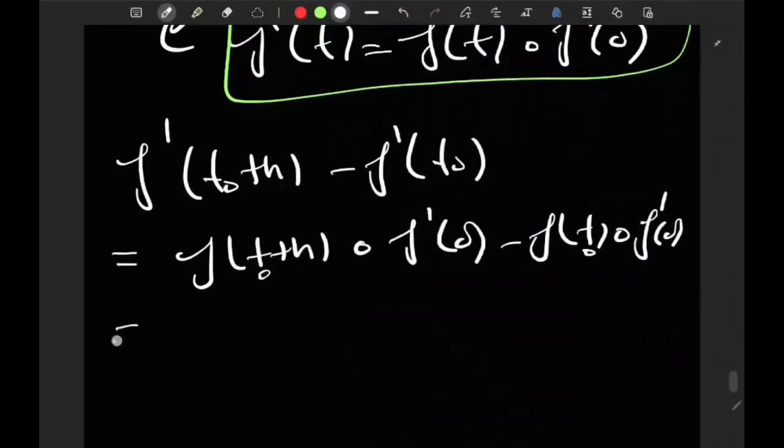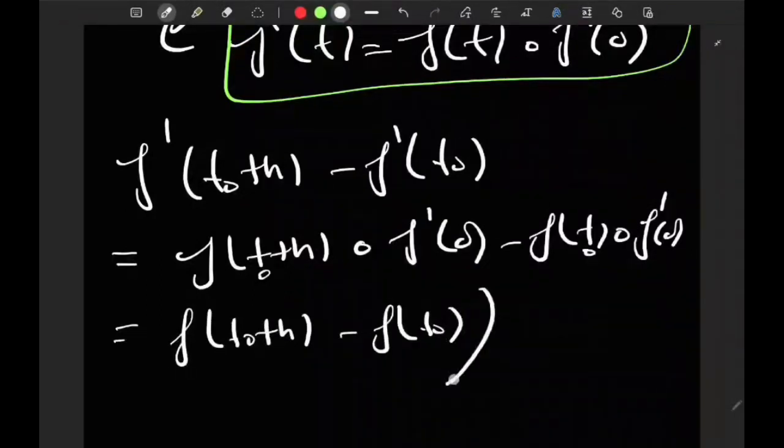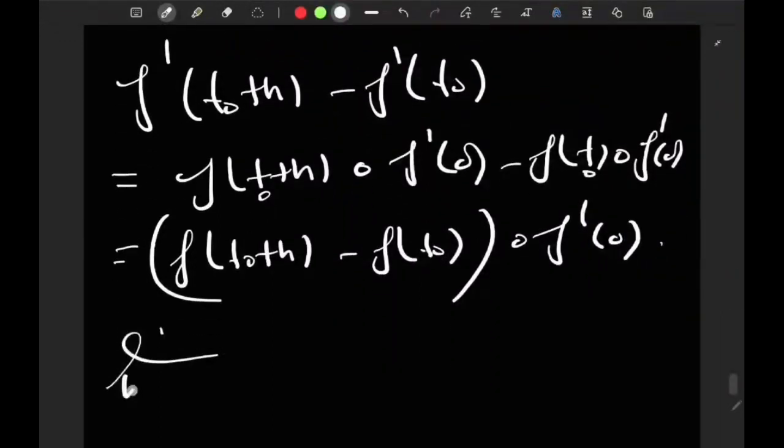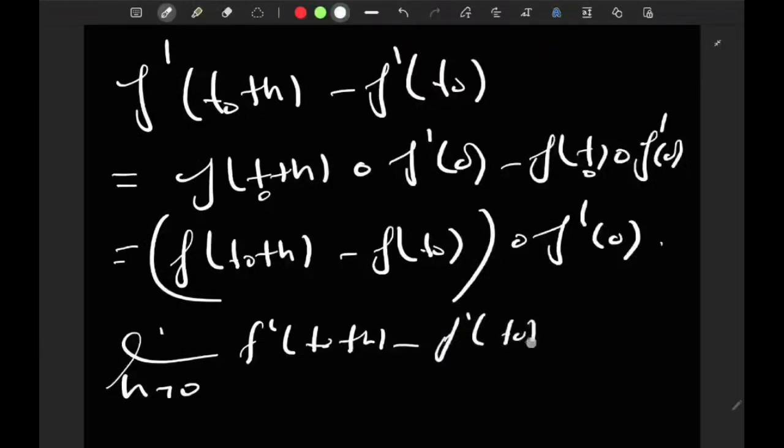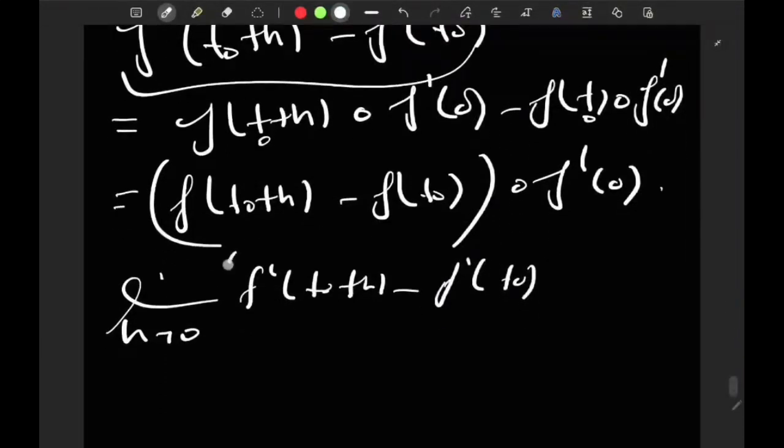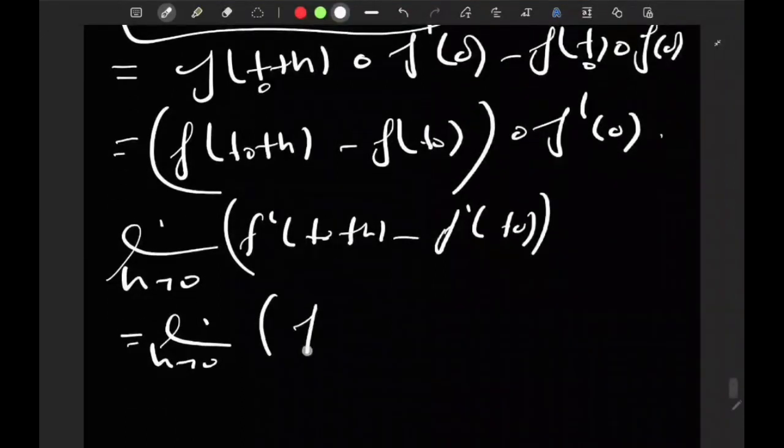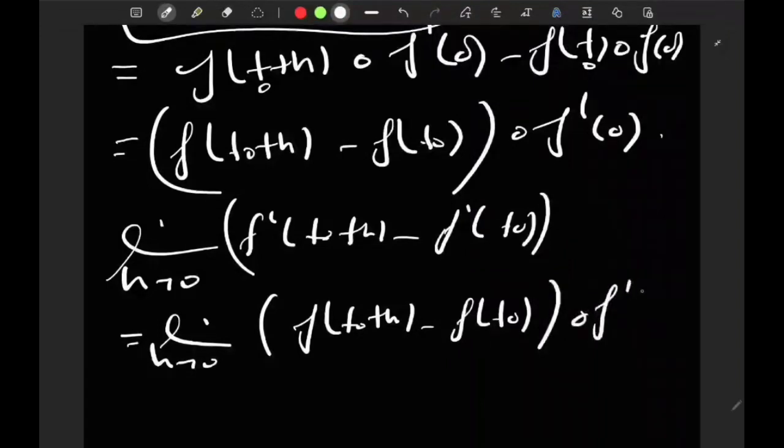Once again, this is just f of t0 plus h minus f of t0, all composed with f prime of 0. And now when I take limits, the limit as h goes to 0 of f prime of t0 plus h minus f prime of t0, the thing we started with, is the same as the limit of this guy: f of t0 plus h minus f of t0, all composed with f prime of 0. We talk about the limit of all of this.